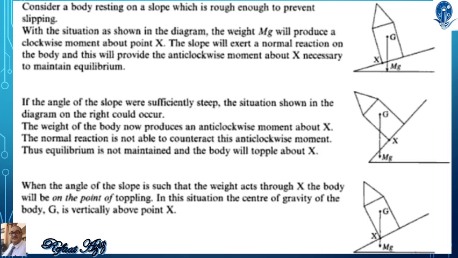If the angle of the slope is increased, the situation shown in the diagram on the right could occur, which is slipping. The weight of the body now produces an anti-clockwise moment about x.